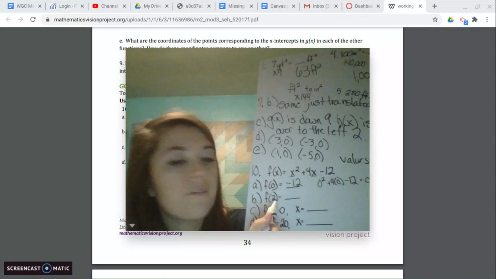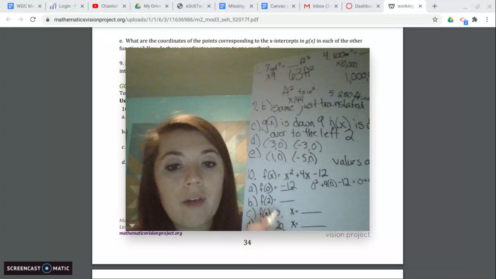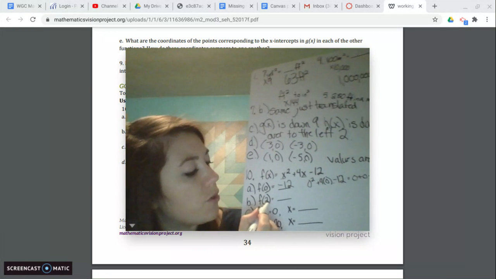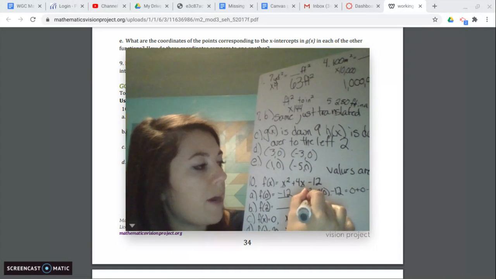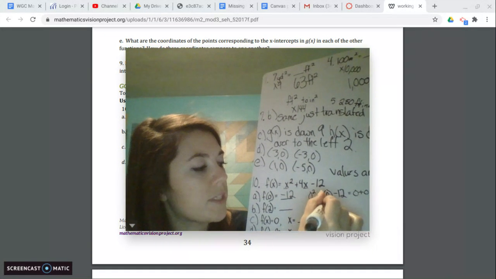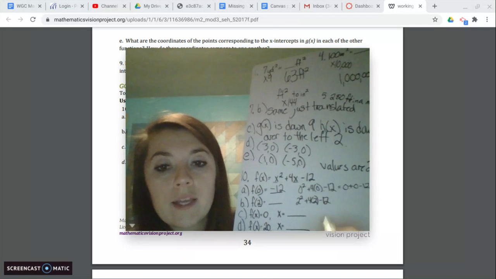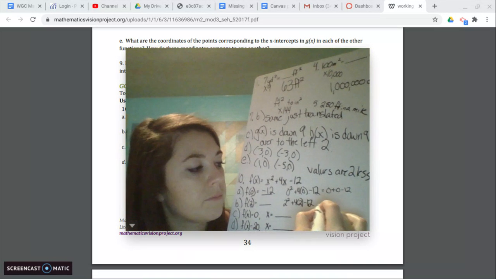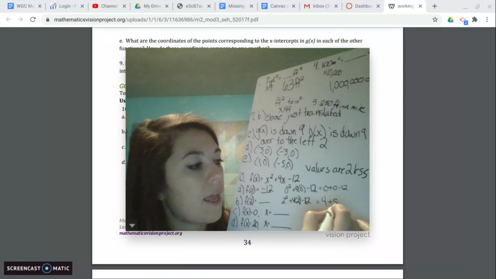Now, f of 2. When x is 2, we're going to find out what our y value is. So we substitute the 2 in for both of the x's. So we're going to have 2 squared plus 4 times 2 minus 12. 2 squared is 4. 4 times 2 is 8.